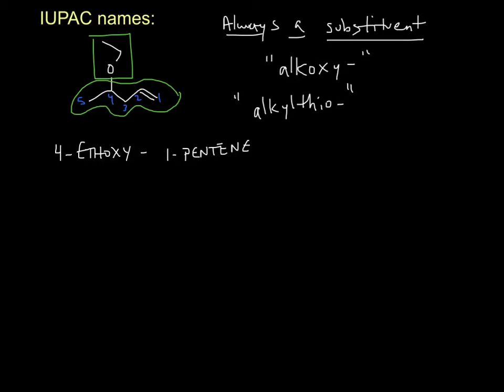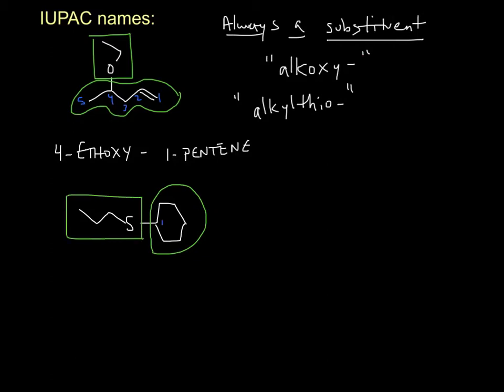So let me go ahead and do a sulfur-containing one. Alright, in this case, the main chain would be our cyclohexane ring. And we could number really from whichever side we want, because rings don't have sides. So we assume that this group is at carbon number 1.